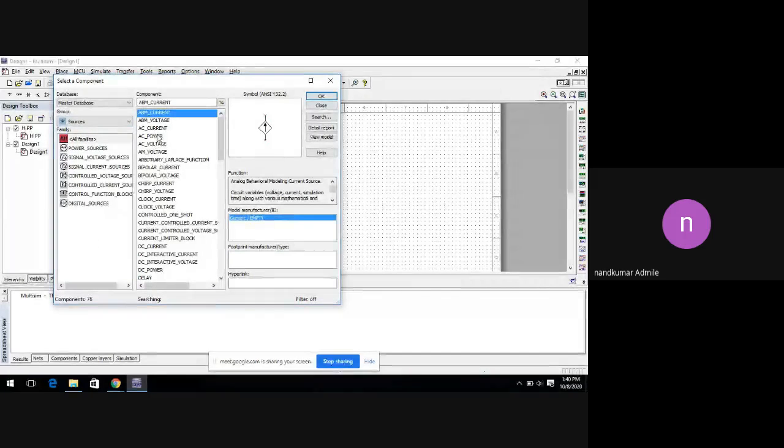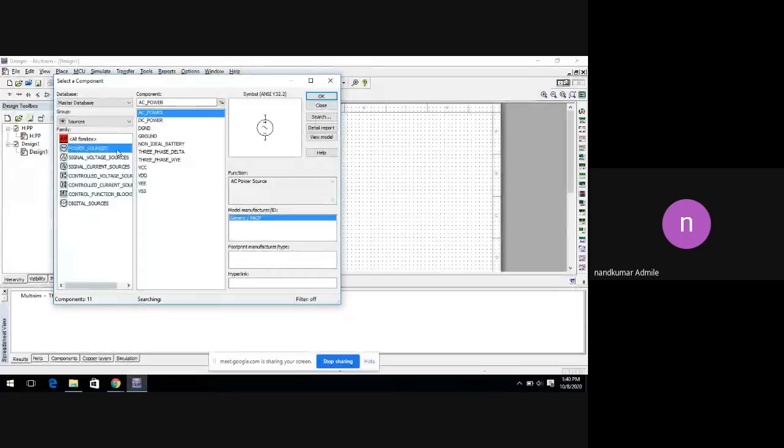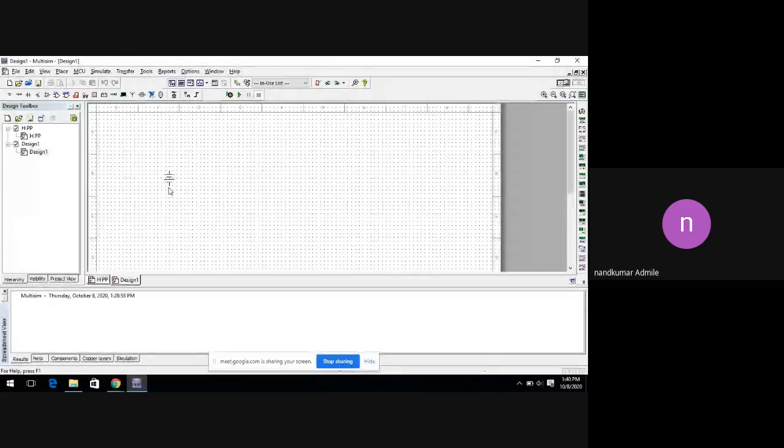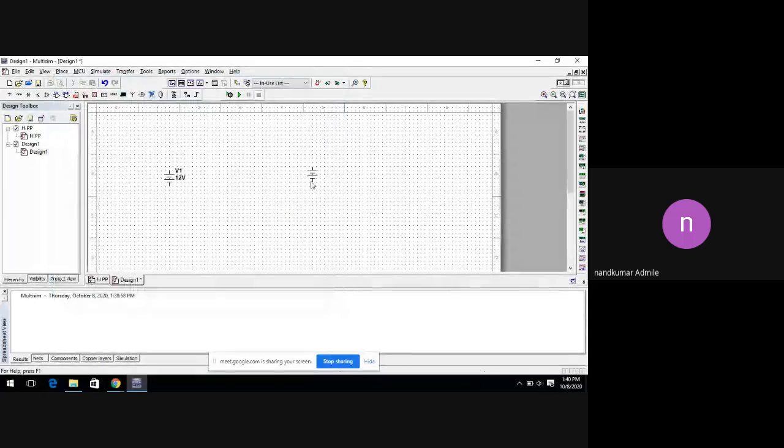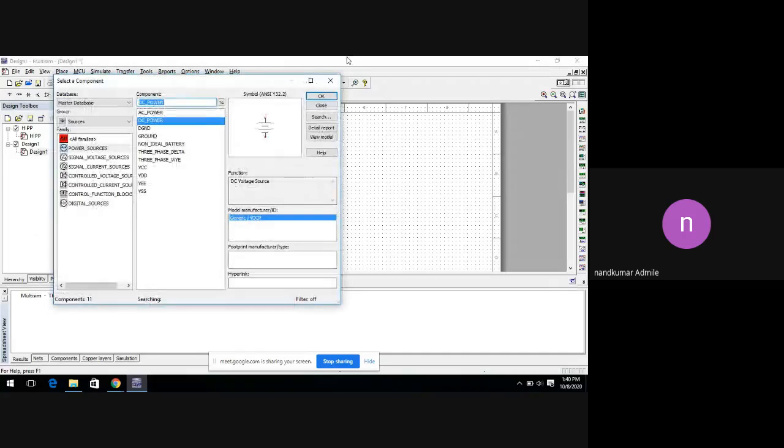Everyone focus on your screen, how to take the voltage sources. If we practice the software, then we'll get the idea. First we can draw the circuit diagram for the two-port network. So here I'll take the voltage sources V1 and V2.